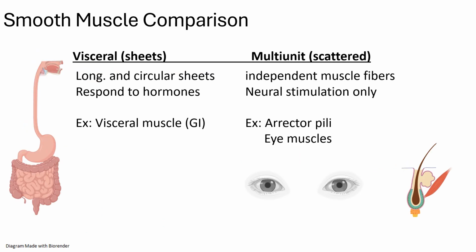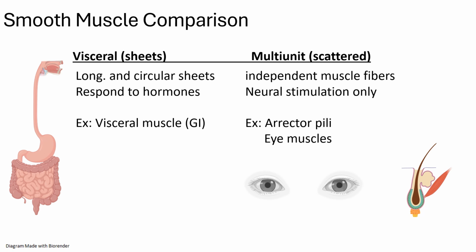Smooth muscle is commonly found in sheets of those spindle-shaped cells, and these sheets surround almost all of your squishy organs. We said that there are two sheets, one longitudinally arranged to shorten the organ upon contraction, and one circularly arranged in order to decrease the diameter upon contraction, or length or width.